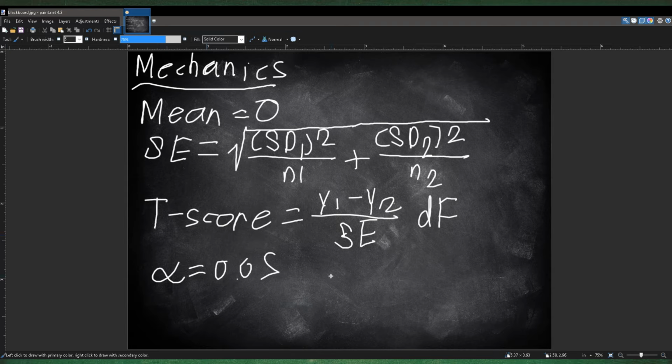And then you always make a picture. You always make a picture. So you have your curve like this. It's more flattened out than a z-test. You put the mean, which is 0, and then you put y1 minus y2, maybe right here or something. So it's the mean of sample 1 minus the mean of sample 2.